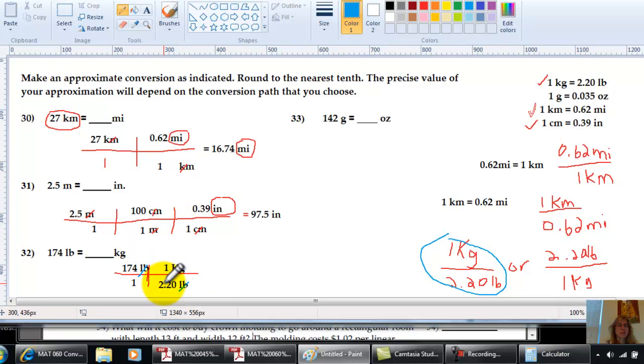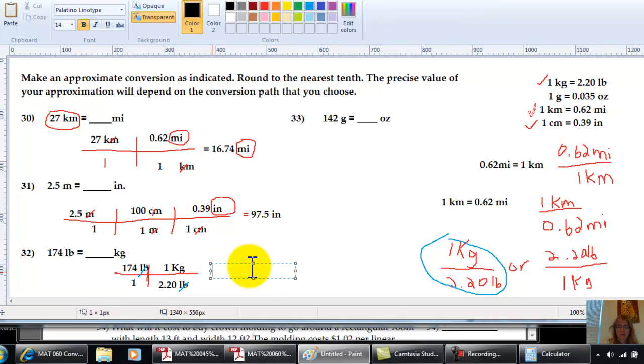You could reduce these before you multiply, but since you're allowed to use a calculator and we're using a calculator for this, we're going to just use the calculator. So we have 174 over 1 times 1 over 2.20. So let's rewrite that. 174, and we're going to put that over the 2.20.